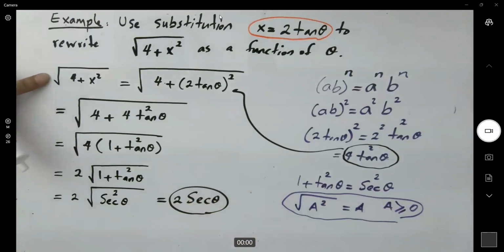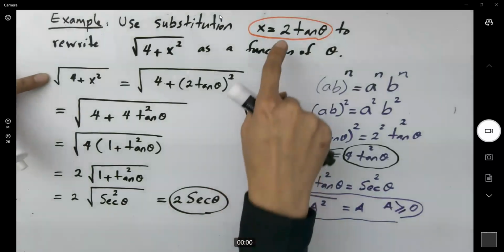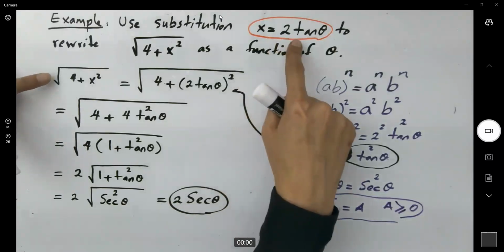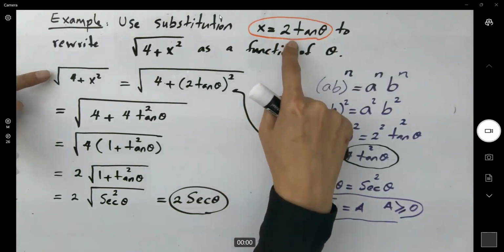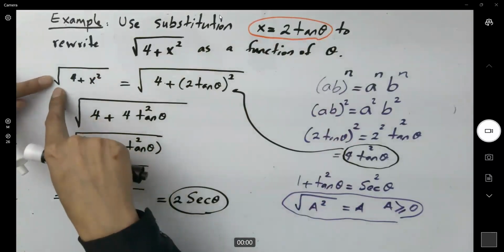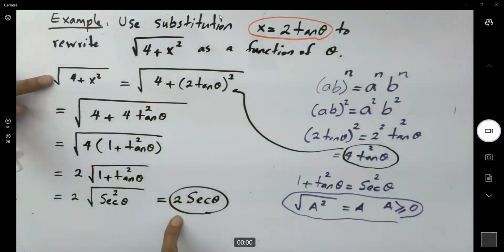The square root of 4 plus x squared by using trig substitution. Again, you're going to see trig substitution in calculus a lot. 4 plus x squared inside the radical is 2 times secant theta.